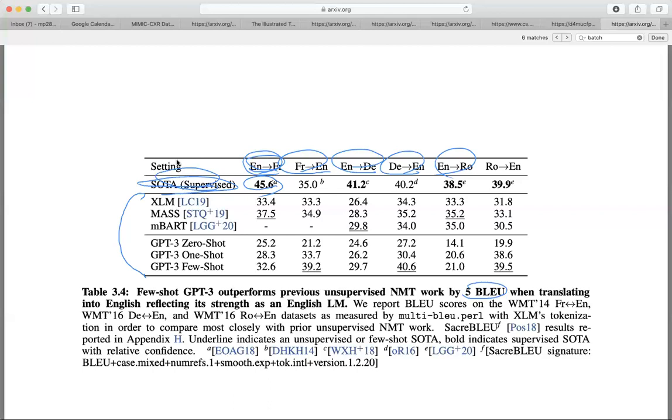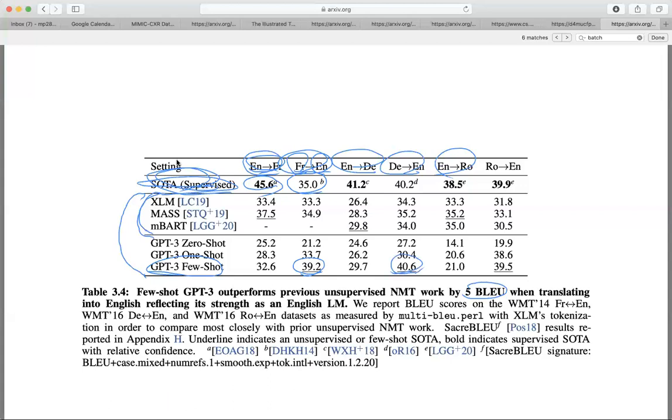I'm sorry, I'm not really sure because I don't really know all the details of this model, but it is already impressive enough because a state-of-the-art model solely trained to translate French into English was showing 35 BLEU score, but GPT-3 few-shot is actually outperforming that without even a single weight update or any fine-tuning, which is just mind-blowing.